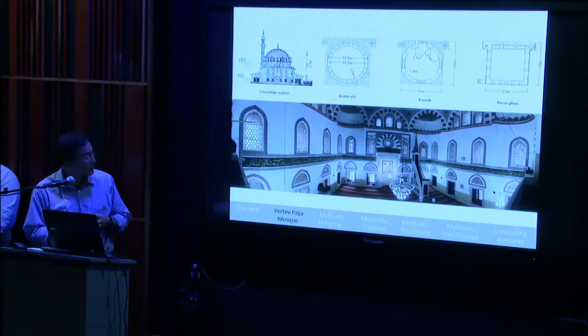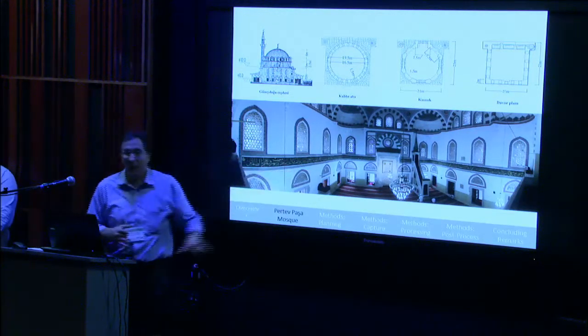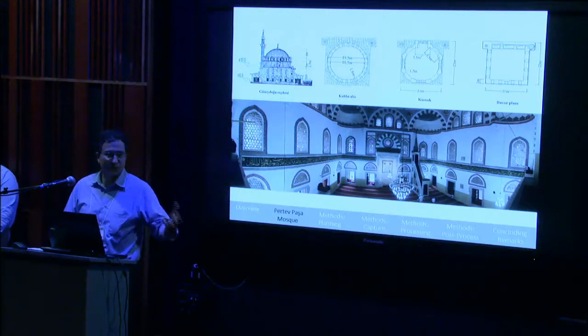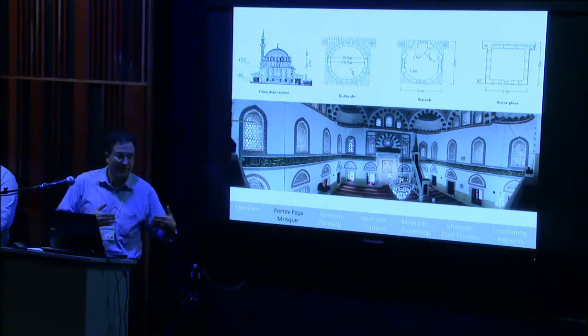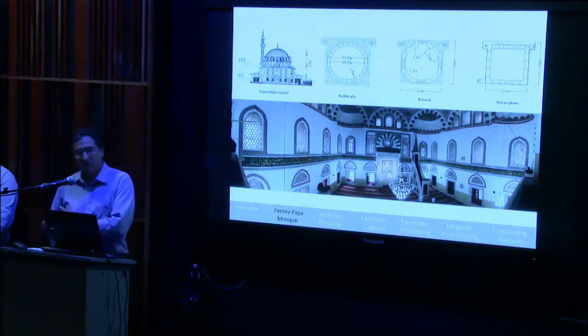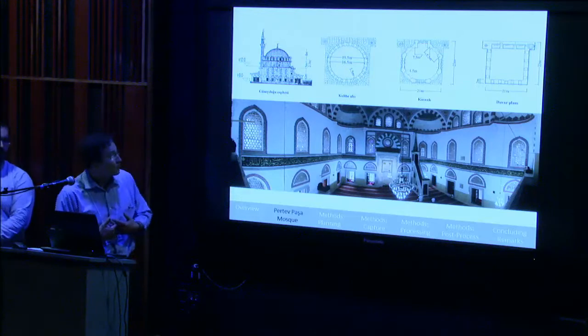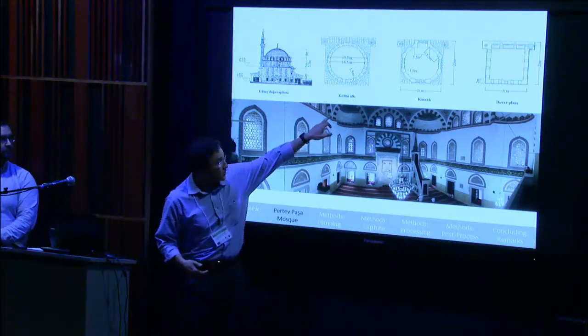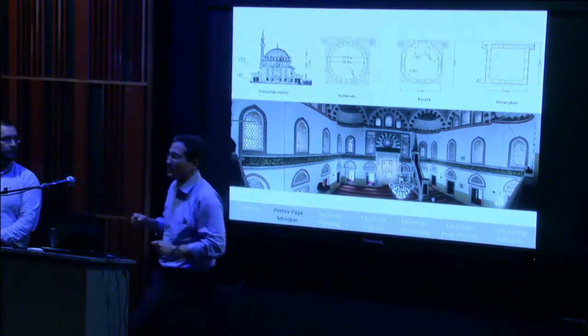Some of the things that you'll notice that are important is you've got the band of calligraphy that on first glance may look very similar, but it's all got unique lettering and unique text, which becomes critical in trying to match up those photographs. You'll also notice that we have what are called squinches, which are these 4 half domes at the 4 corners of the building.